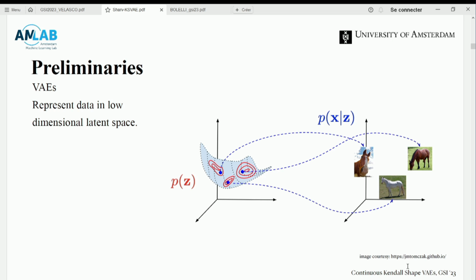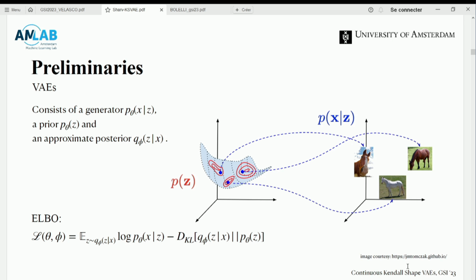The problem of interest here was to do unsupervised learning and represent data in a low-dimensional space such that it has some kind of geometric interpretation and meaningful representations. So the starting point here is VAEs. What VAEs are good at is representing data in low-dimensional latent spaces.